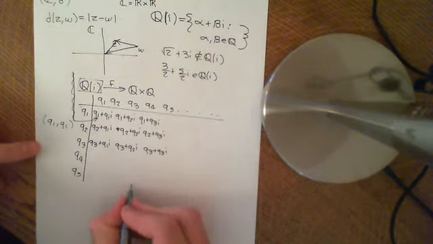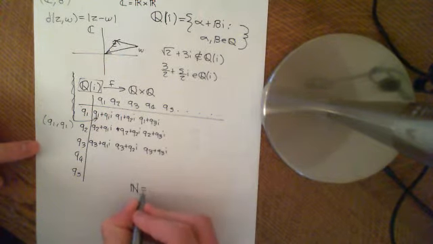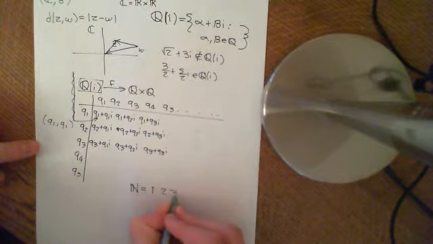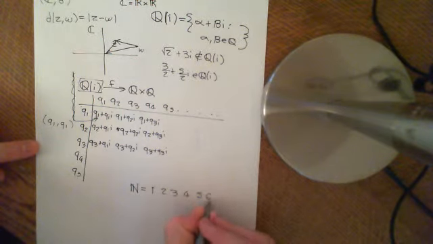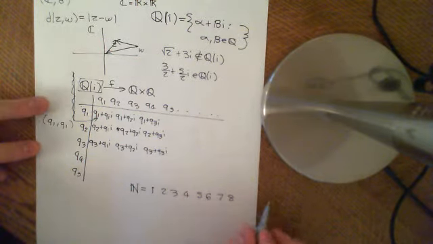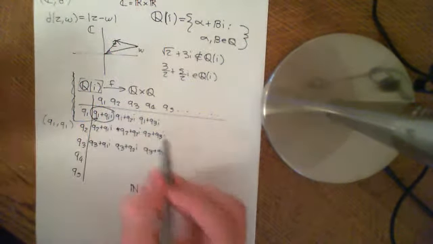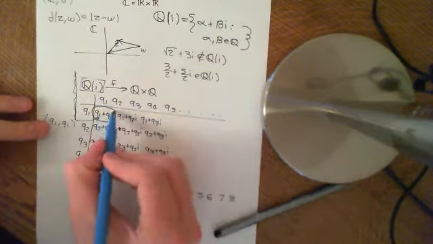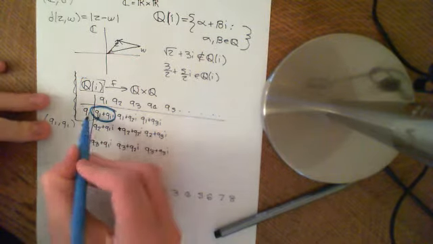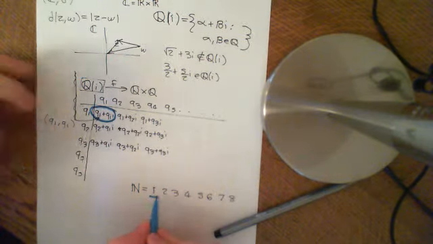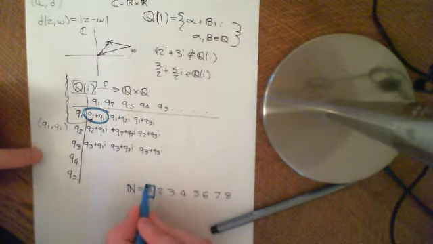Now we just apply Cantor diagonalization. We know the natural numbers are here: 1, 2, 3, 4, 5, 6, 7, 8, and basically what we're going to do is match this one here, and in fact I'll do this in colours, match this one here to number 1, so here's number 1.